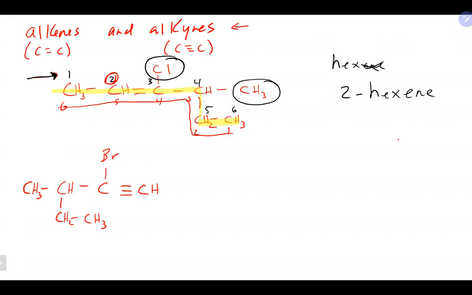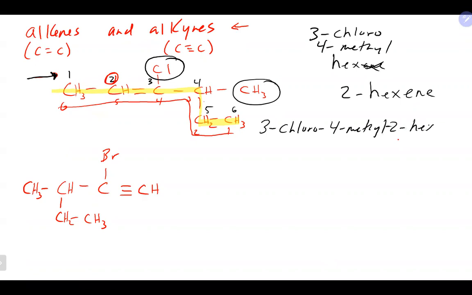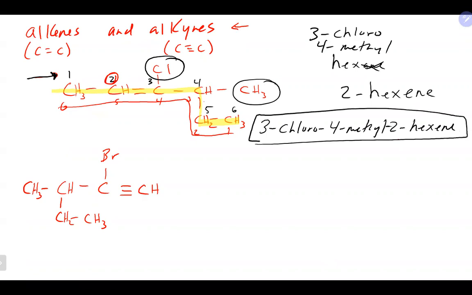Because we're going in this direction, carbon number 3 is my chloro group, and at carbon number 4 would be my methyl group. So putting all that together in alphabetical order: 3-chloro, 4-methyl, 2-hexene. Any question on that name?